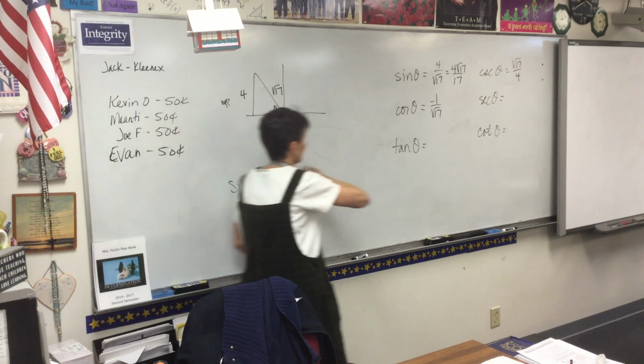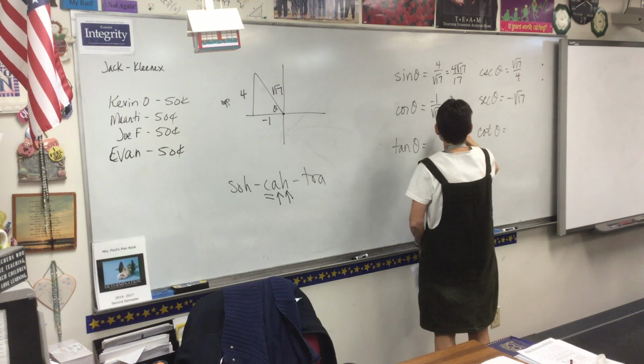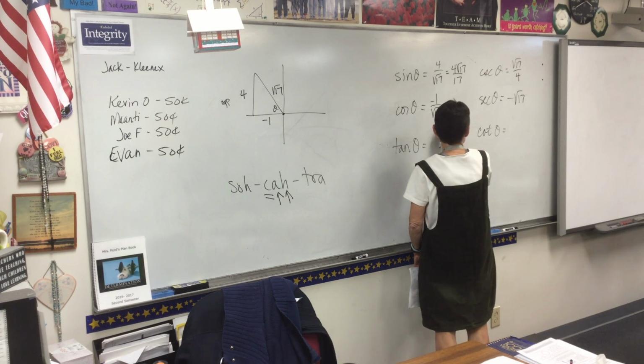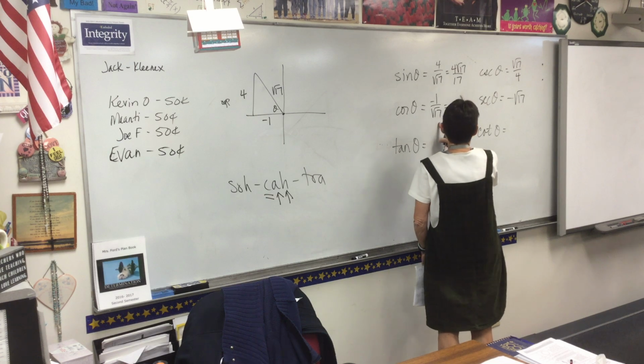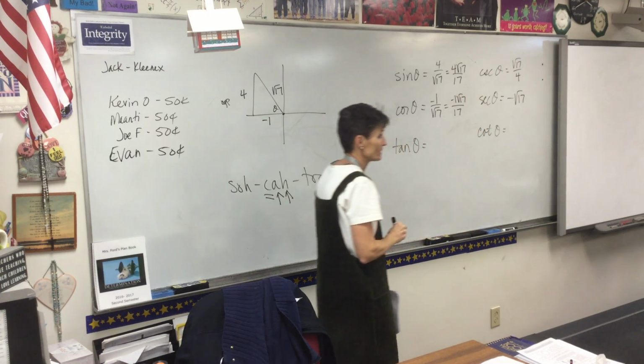So it's negative 1 over root 17, which rationalizes to what, Megan? Okay, negative 1 over root 17, that's my cosine. And then I'm going to rationalize that, so it becomes negative 1 root 17 over 17.